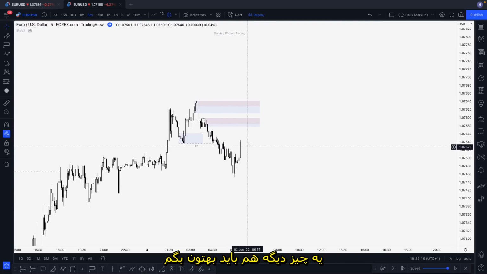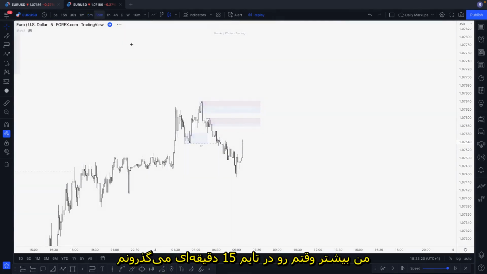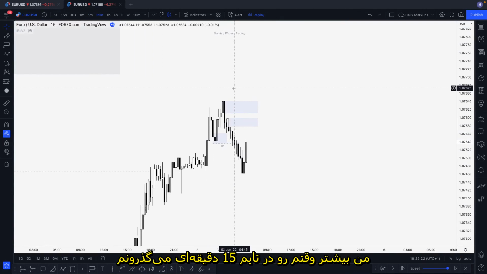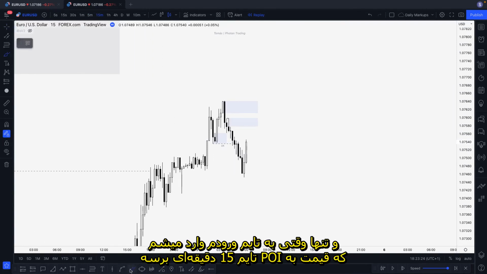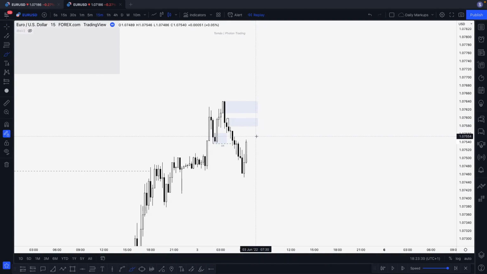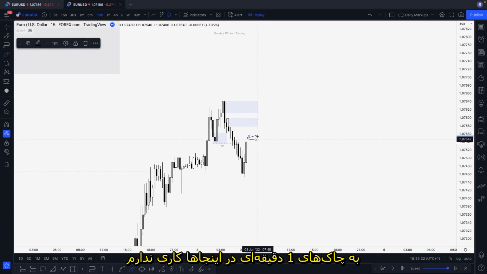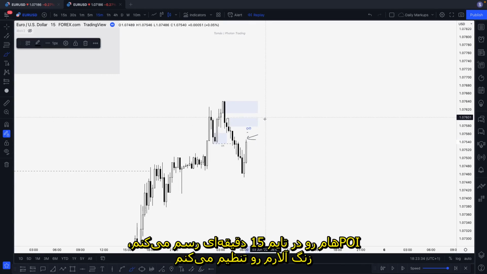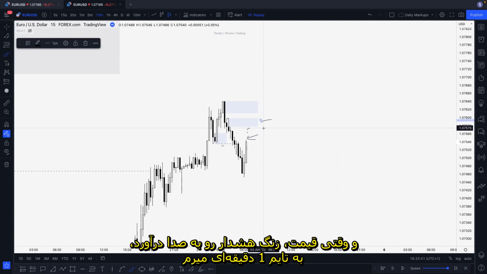So something that I also want to let you know is I'm here on the M15 the majority of my time, and I only jump to my entry time frame when price reaches my refined or my M15 POI, okay? I'm not looking to M1 choke here. I just draw my POIs on M15, set my alarms, and when price reaches these POIs, I then look to M1.